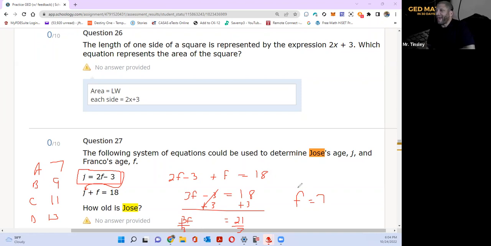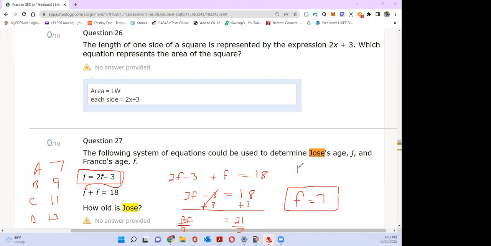What does F stand for? What young man does F stand for? Franco. Now, what did they tell you? Jose's age plus Franco's age is equal to 18.